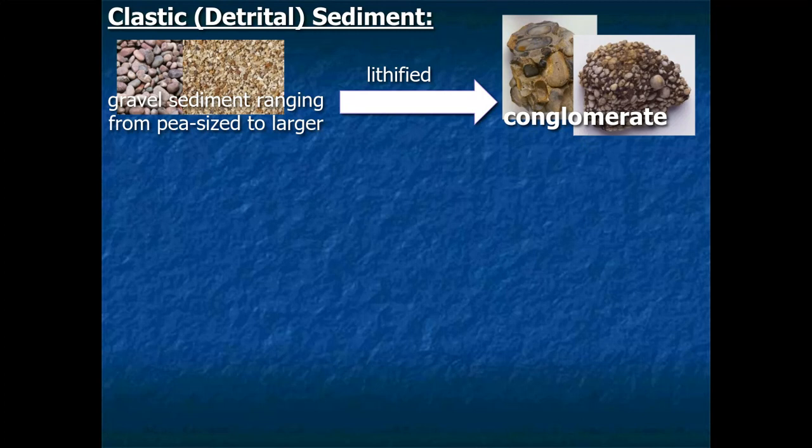So conglomerates are typically lithified pebbles ranging from pea size to larger. You can actually apply a number to the size of the grains, and if the grains are 2 millimeters or greater, then it falls into the conglomerate classification. And recall now we're looking at detrital sediment, so these are all inorganic grains.